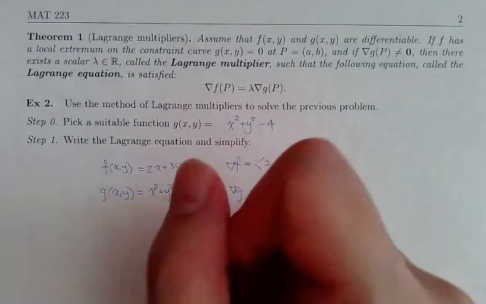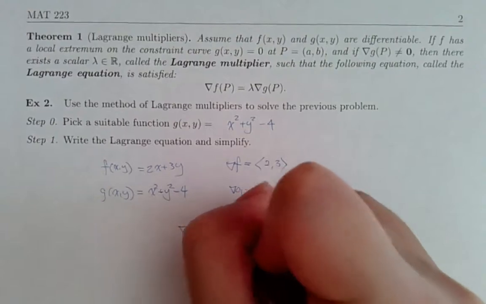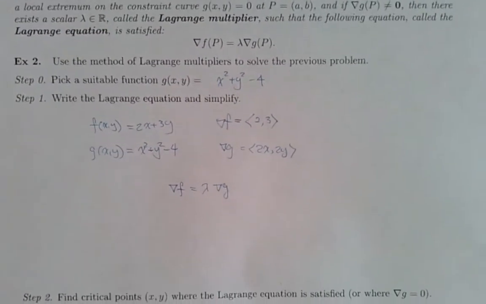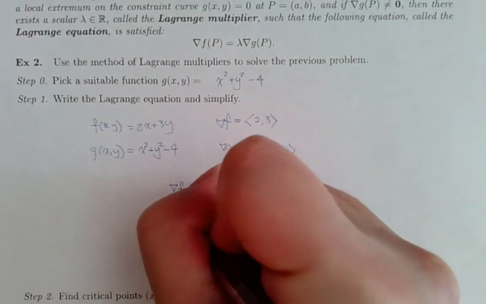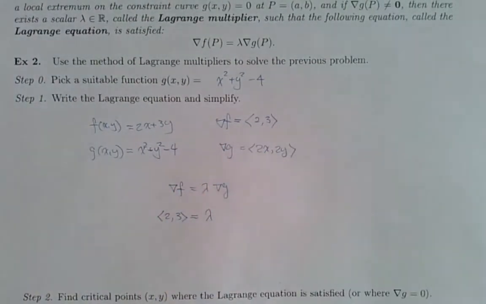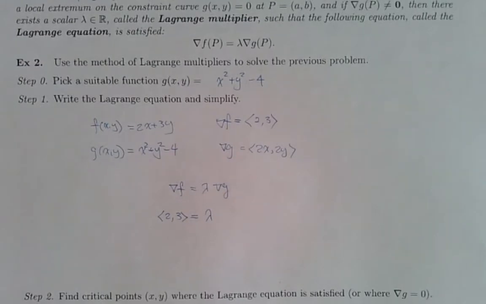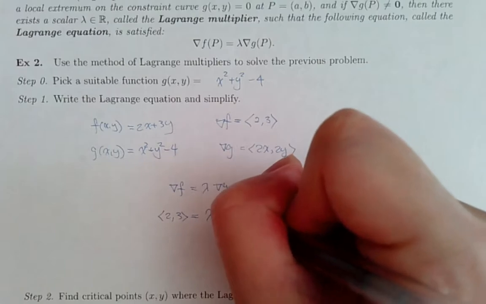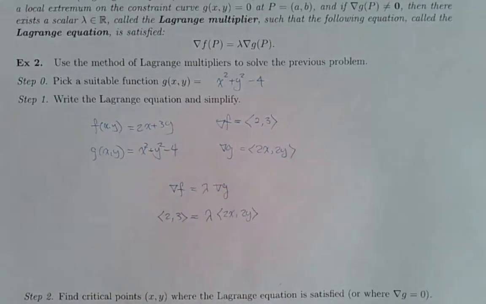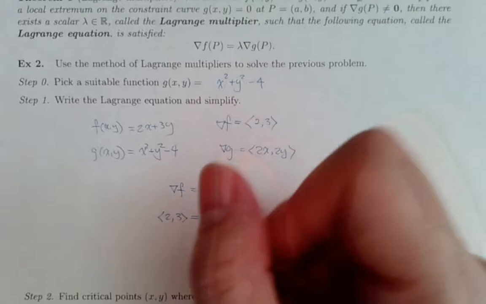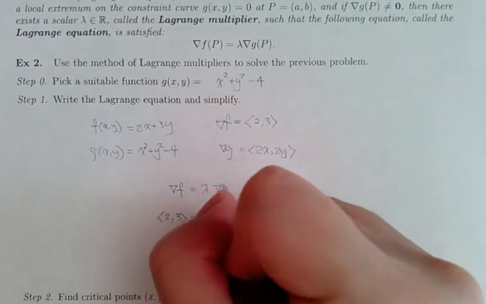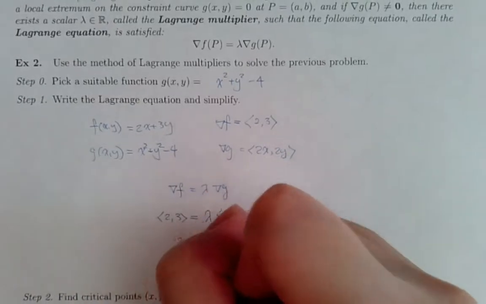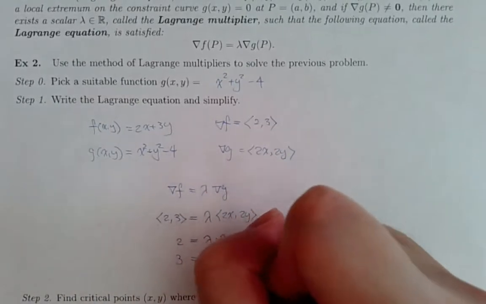So the Lagrange equation says gradient of f is equal to lambda gradient of g. So let me write that out. So that's 2 comma 3 equal to lambda, which is just a number that we don't know, times 2x, 2y. And you can rewrite this by coordinates, so we get 2 equals lambda times 2x, and 3 equals lambda times 2y.